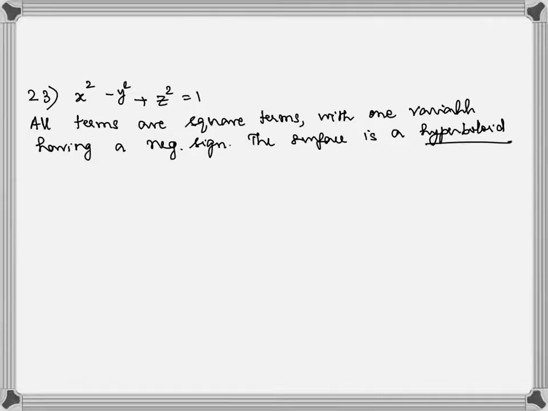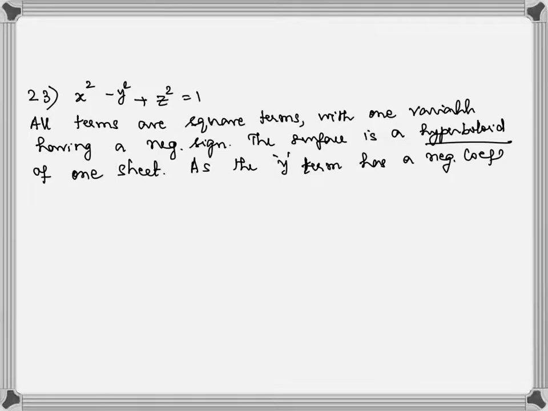and also because there is a negative coefficient for y, the axis is going to be directed towards the y-axis. As the y term has a negative sign, the hyperboloid of one sheet is going to be directed towards the y-axis.